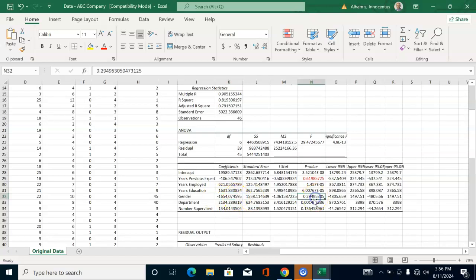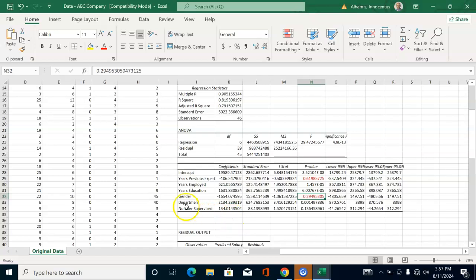If you look at this probability value here, you can see that it's 0.295, and this is greater than 0.05, and therefore this amount is not significant. So I'm going to highlight this as well to show that this variable is not significant.